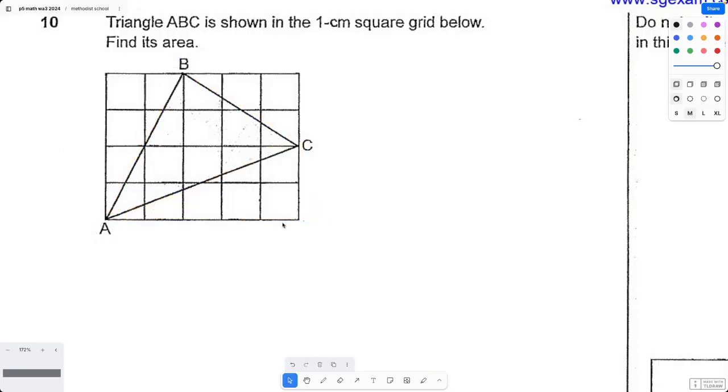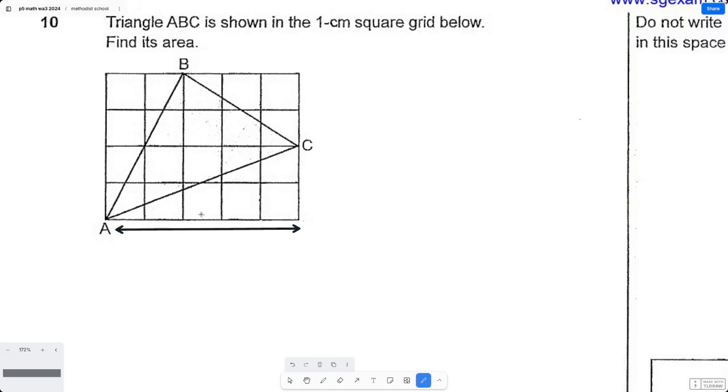So in this case, let's measure the length of each triangle. So we have this: 1, 2, 3, 4, 5. Okay, so we have 5. Let's measure the rectangle.